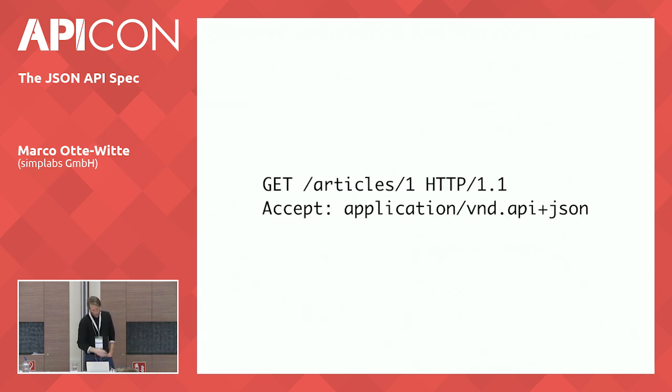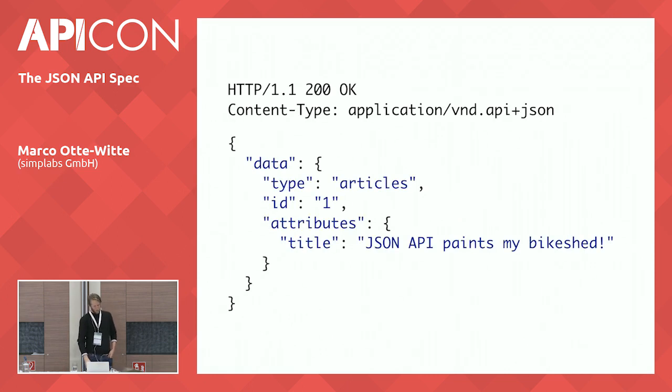So if you make a request with JSON API, you would send an accept header with that media type to signal that you expect a JSON API response. And then the response would look like this. You would get a content type, the same MIME type, that signals that the response is a JSON API response, and then the payload.